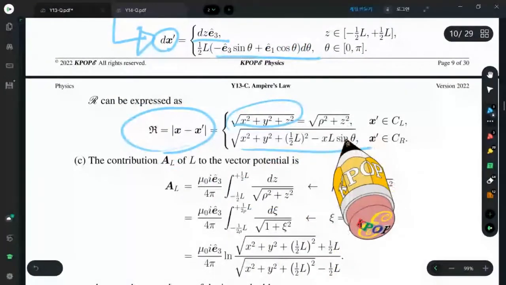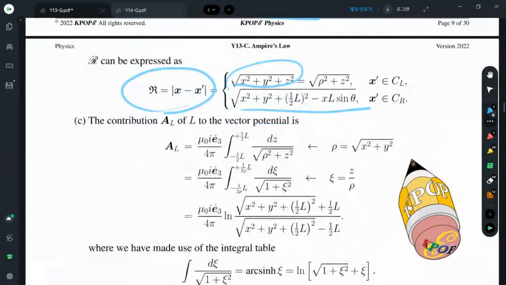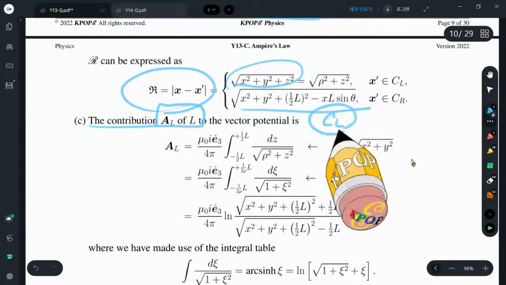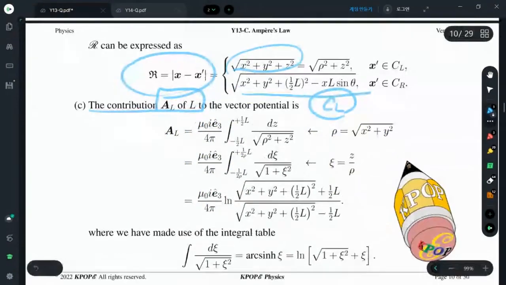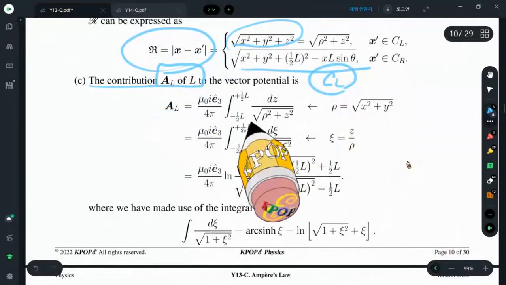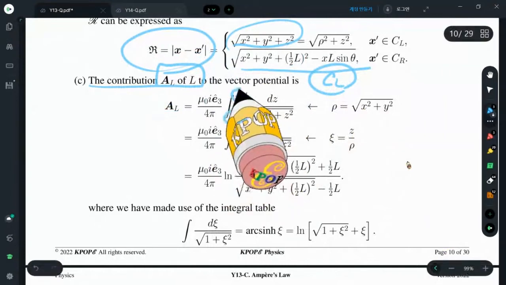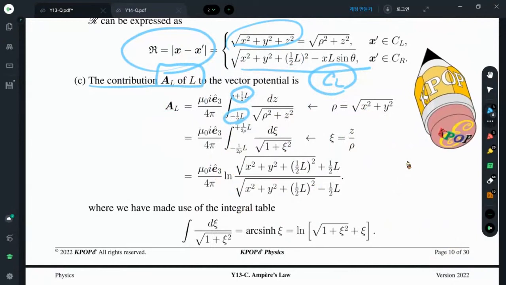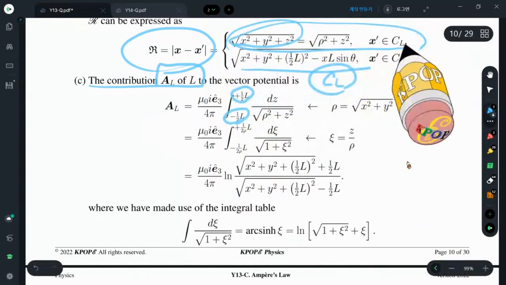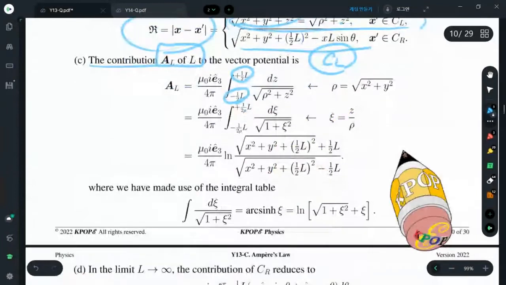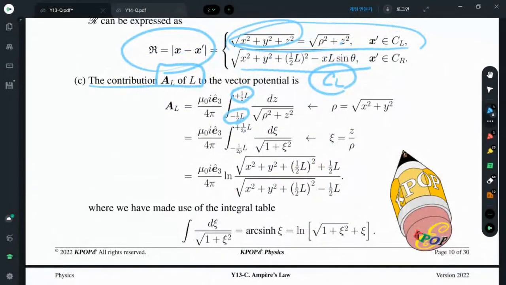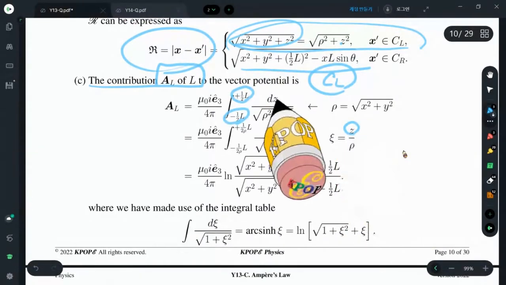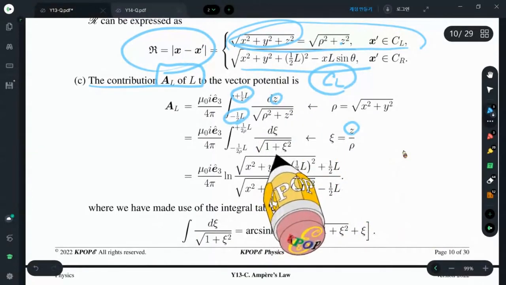Now we substitute this one. First of all, we find the contribution of CL, integrated over -1/2 of L and +1/2 of L. This CL contribution is this. And we have substituted. We rescaled it with the Z. We have Z here, Z there.